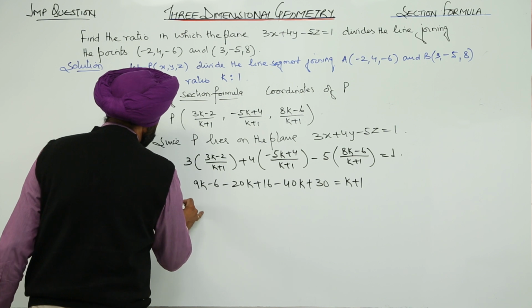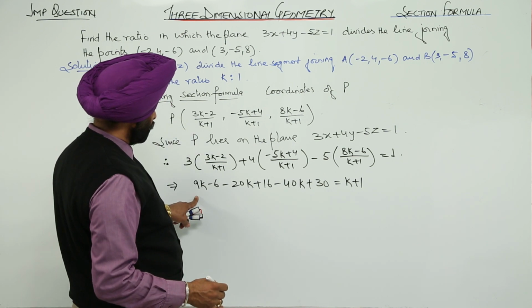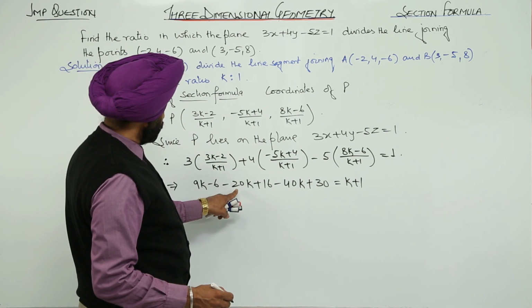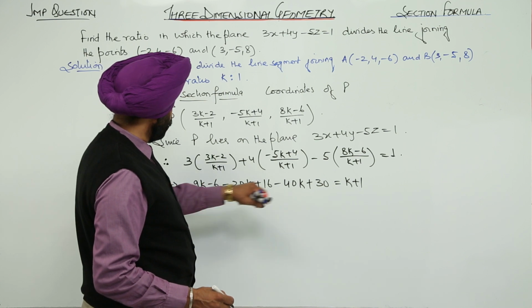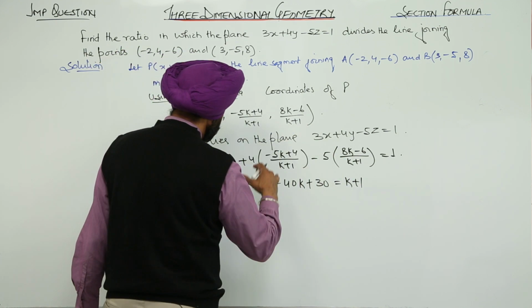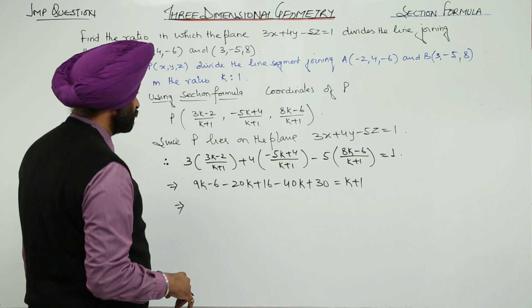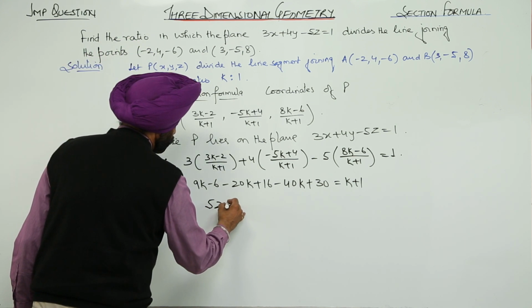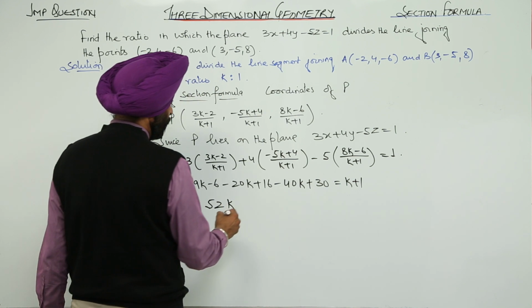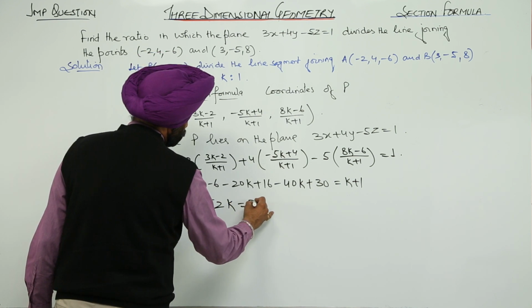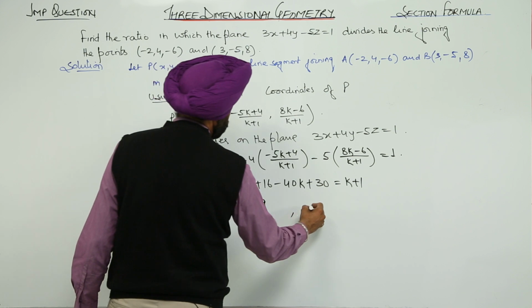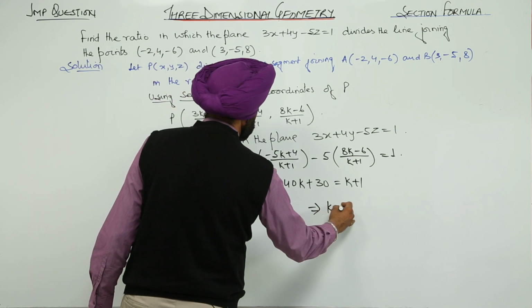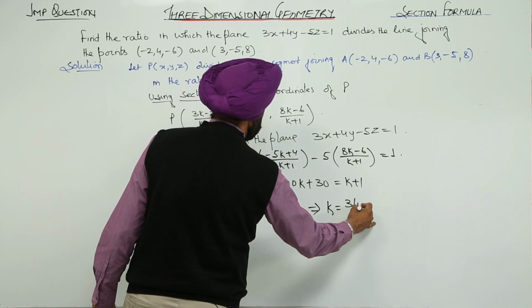Now, we have 9k, and then 20 and 40 make 60. 1k shifts to this side, 61, 61 minus 9, that is 52k = 39. k = 3/4.